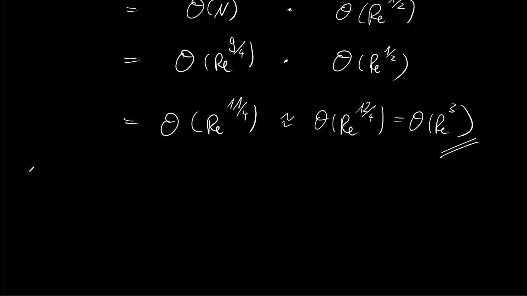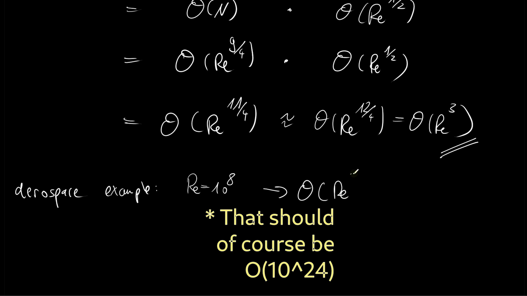And let's look again at the Aerospace example, where we had a Reynolds number of 10 to the 8. And this then means we have in the order of Reynolds number to the 24 necessary computations. And what is a measure of computation? A typical measure here is the floating point operations.